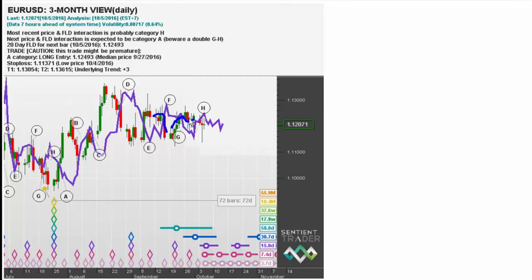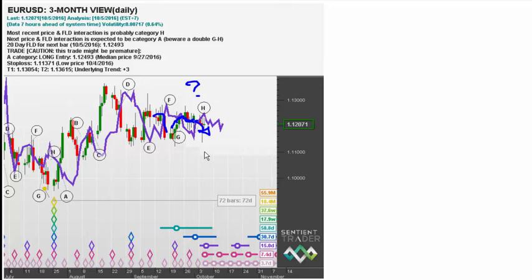It came up above the FLD, so we've got a bit of a breakdown of the sequence over there. Although price has been trapped into such a narrow range that it came above the FLD, but then sort of kept coming down and kept very close to the FLD. So that raises a little bit of a question mark. And then the H category interaction, of course, still has to show itself.